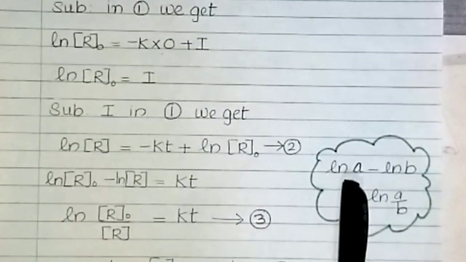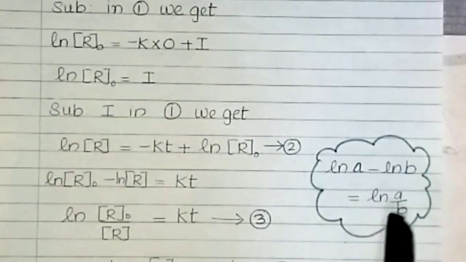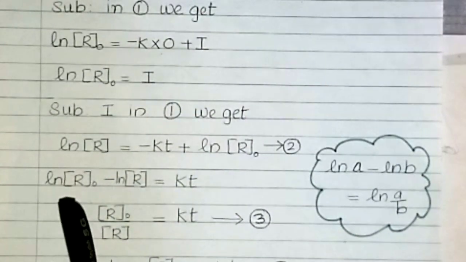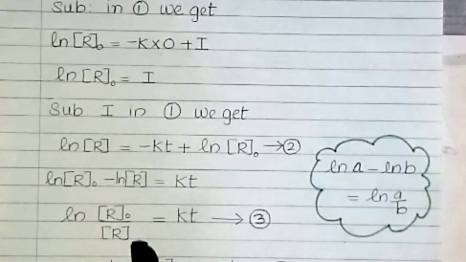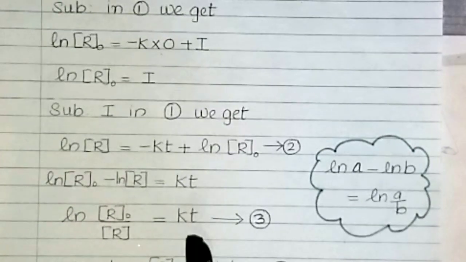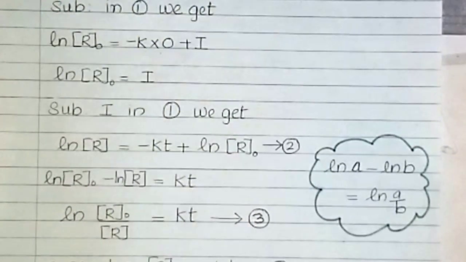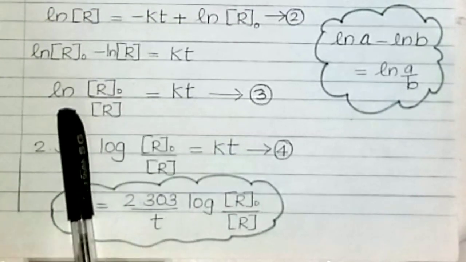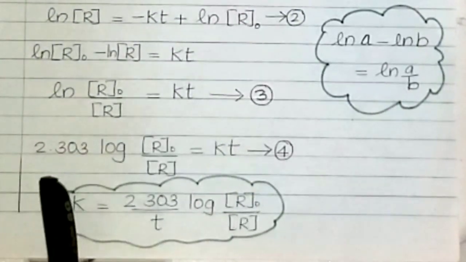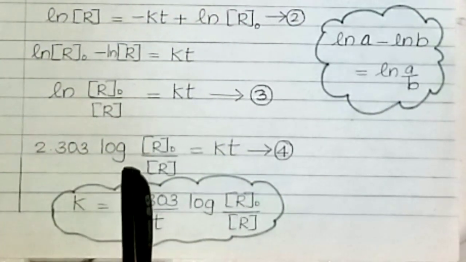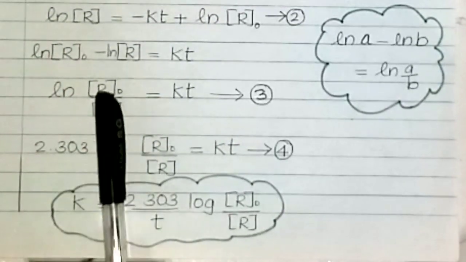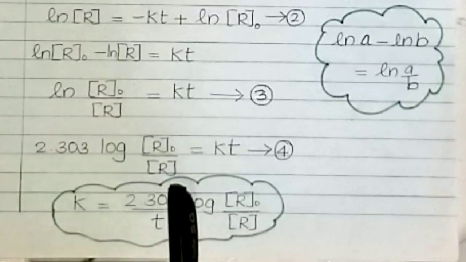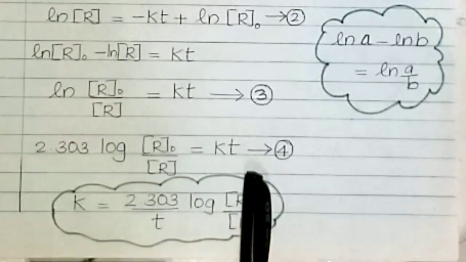Since ln A - ln B = ln (A/B), here ln[R]0 - ln[R] = ln([R]0/[R]) = kt. This is equation number 3. For converting ln to logarithm to the base 10, it is multiplied by 2.303. So 2.303 log([R]0/[R]) = kt.